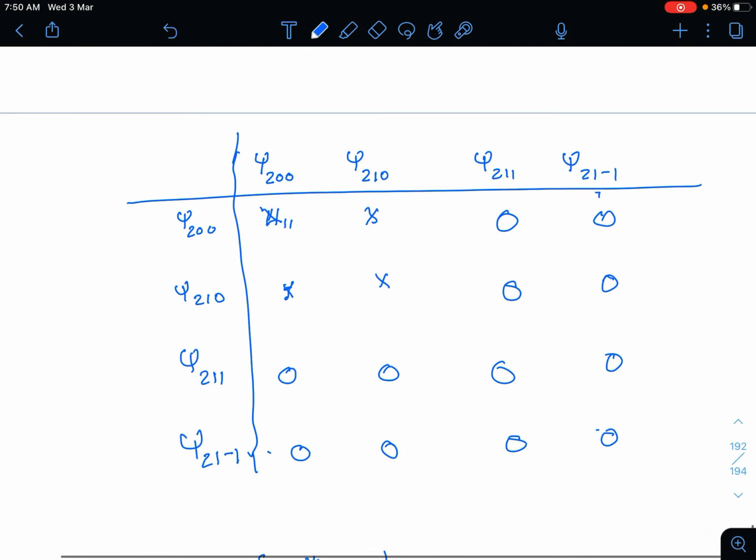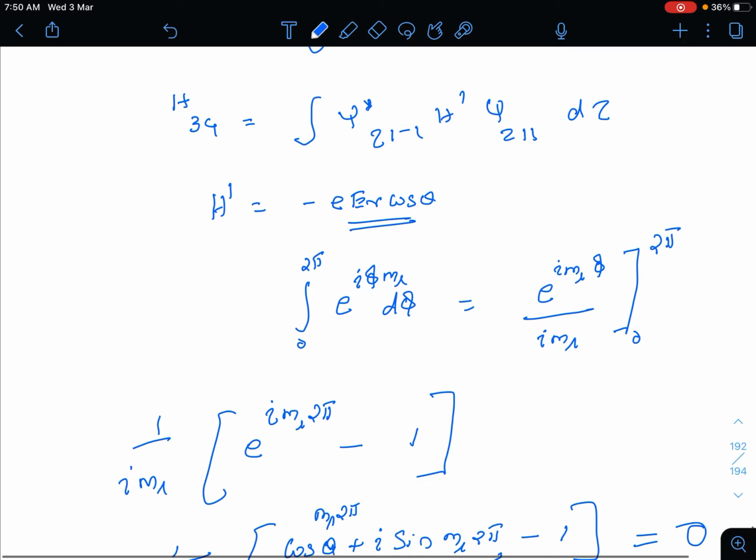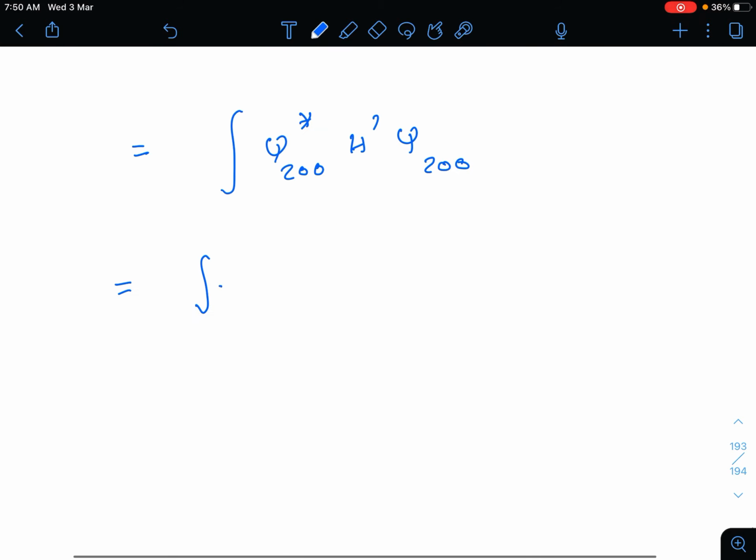So 1 by 4 pi would be outside, square of it, 1 by 4 pi, some r20 square. Good. H dash, I'm not writing it, and d tau. So this would be integral 0 to infinity, the r part. I'm splitting the h dash also.